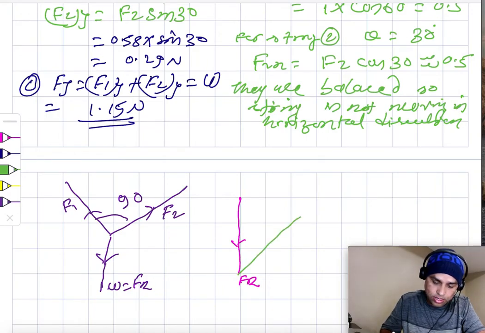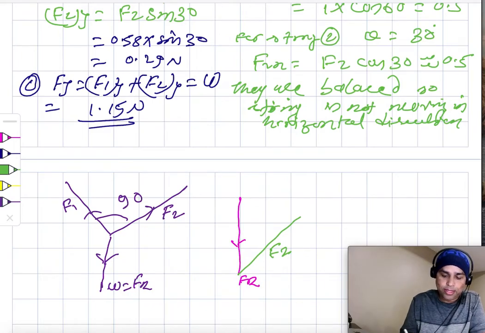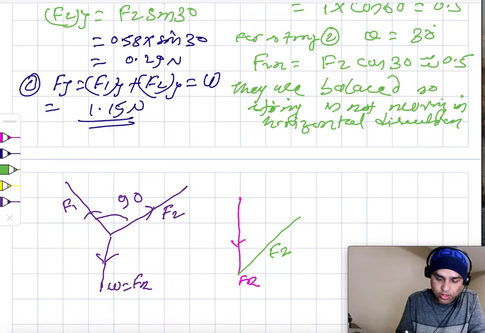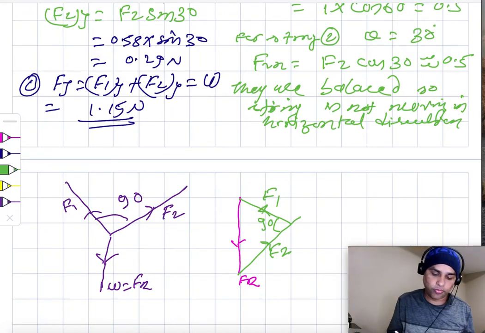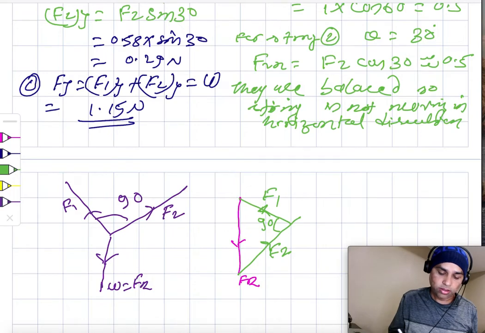This is F2, and this force is F1, and this angle is 90 here. And this is the resultant force. So this is a triangle, right?